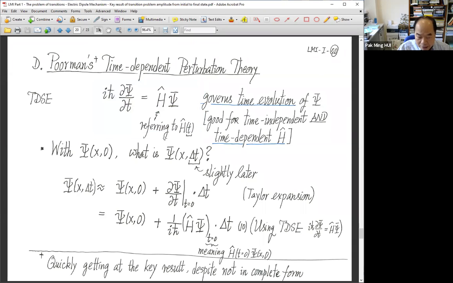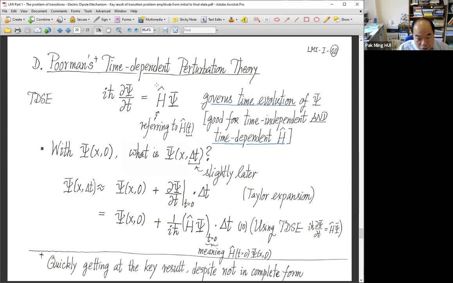Then the question is, if you are given the initial state, that is to say, phi position function x, for simplicity, just 1D, okay? So very rough, but at time equals 0. Then the question is, what is it at a later time? I don't even care about a long time later, just a little bit delta t later, okay?